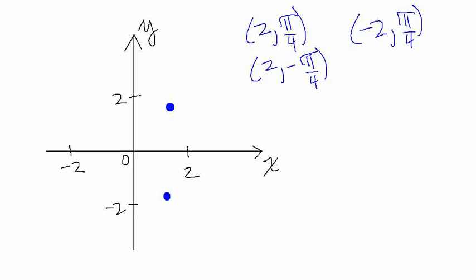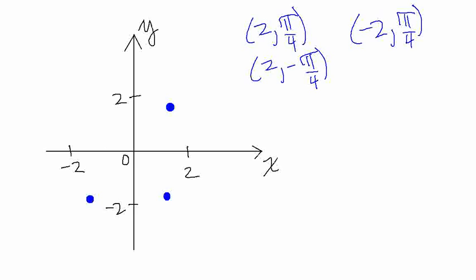Now, because the first coordinate is negative, what that tells us to do is move backwards. Okay, so move in the opposite direction that corresponds to pi over 4. So if we move the distance 2 in the opposite direction, we would end up approximately where this third blue dot is. Let's put it about right there. Okay?